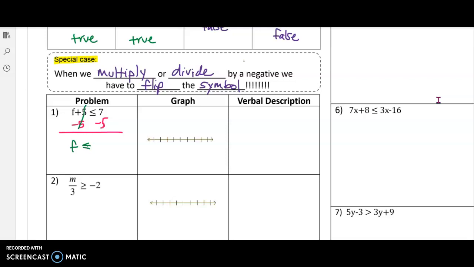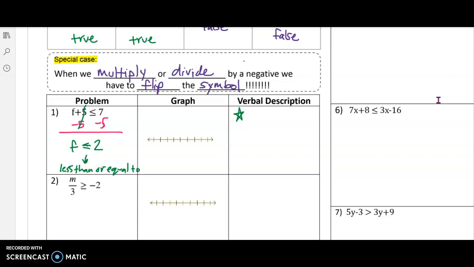Okay? 7 minus 5 is 2. So this is saying f is less than or equal to 2. Okay? Probably should have written that over here. My bad.